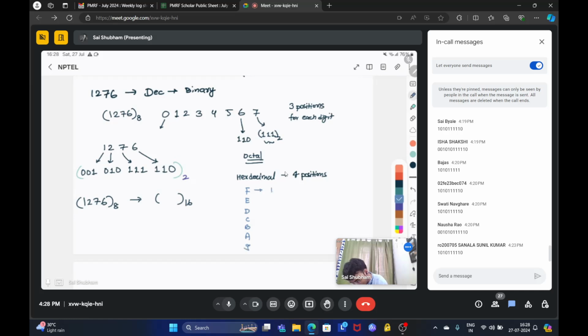As you can see, this is 4 ones. So each one of them is taking 4 positions.